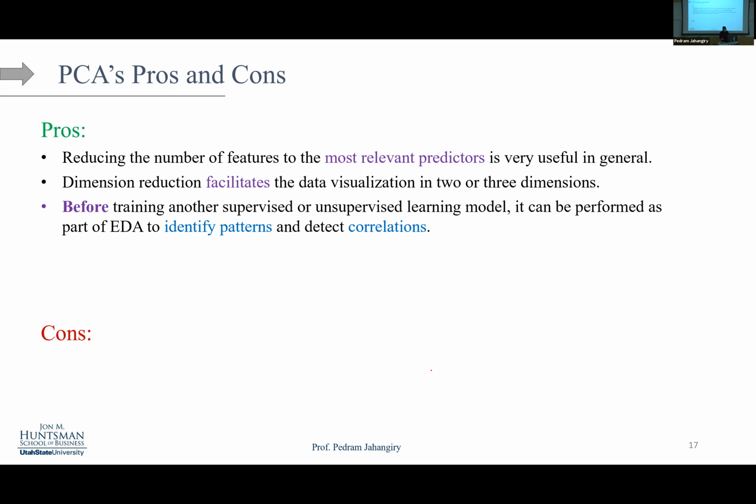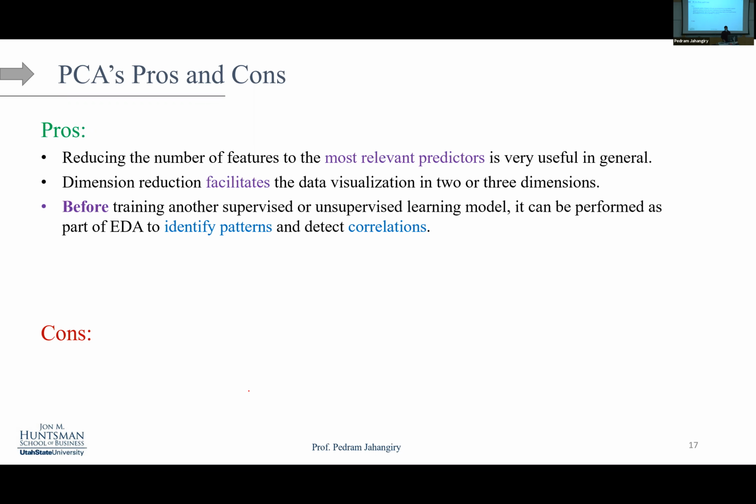And we're going to do all these things before training the models, before training another supervised or unsupervised model, namely clustering models. We can do PCA as part of the exploratory data analysis, EDA, to identify patterns and detect correlation. Does that make sense?